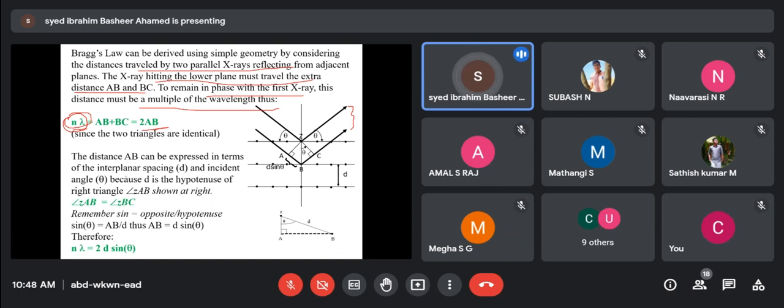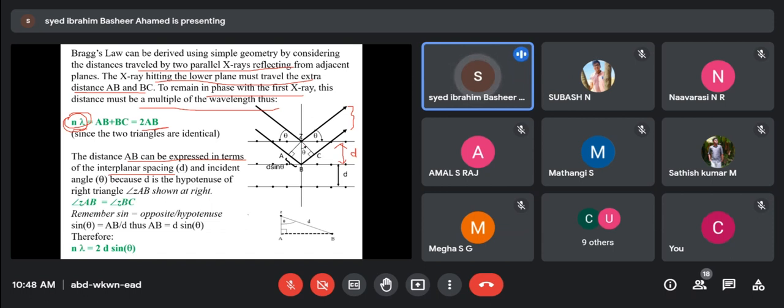The distance AB can be expressed in terms of the interplanar spacing, the distance denoted with the letter d. Here you can see ABC makes a triangle, and here also it makes a triangle.